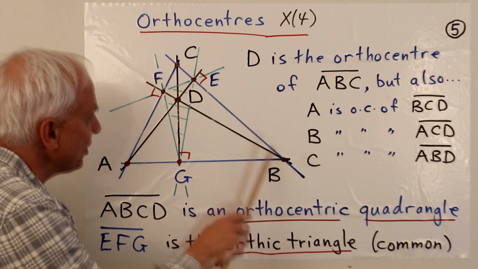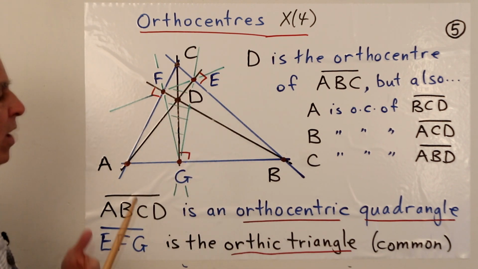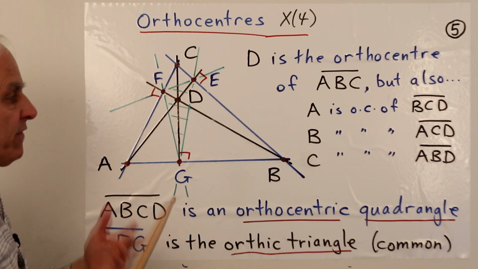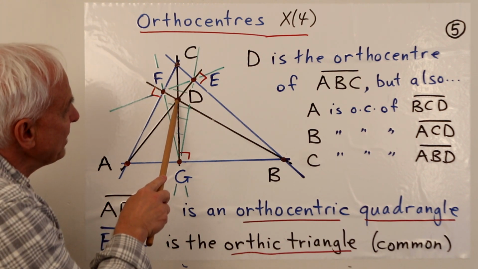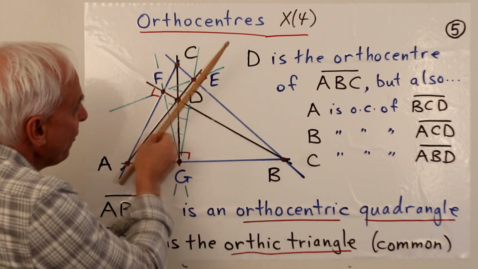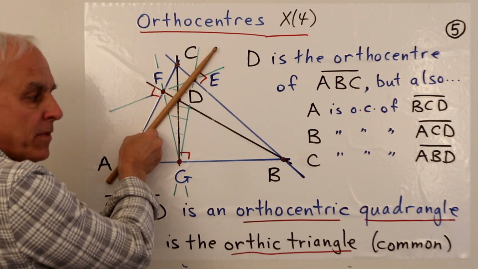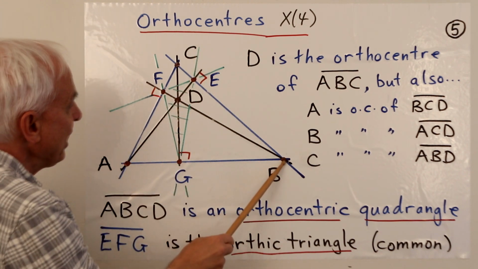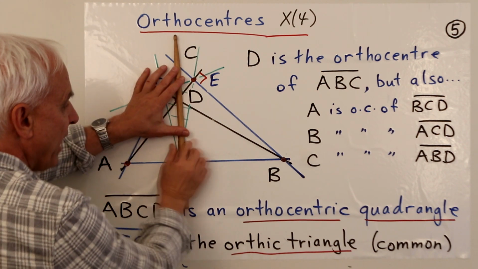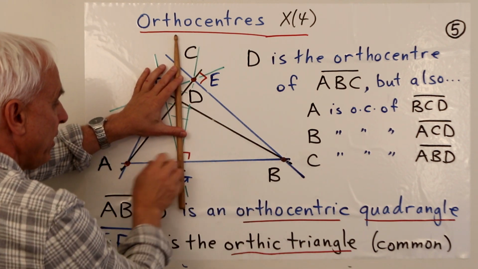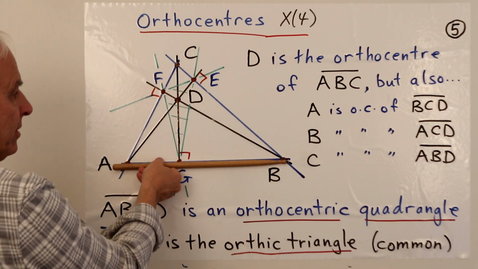So if we had started with this triangle BCD, what are the altitudes of it? Well, suppose that we're looking at the altitude from D to the opposite side. So that would be this line here. What about the altitude from B to the opposite side? The opposite side is CD. Well, the altitude line is going to be this line right here. So that's an altitude.